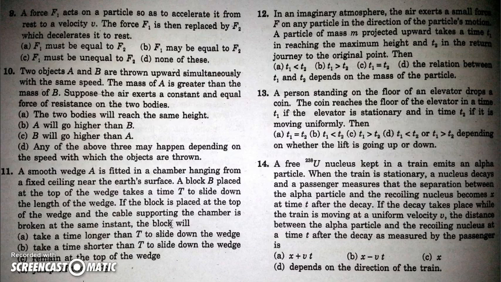So we can say the relative acceleration between them will be 0. Both will fall with an acceleration g, so they will be at rest relative to each other. So obviously the block will remain at the top of the wedge.